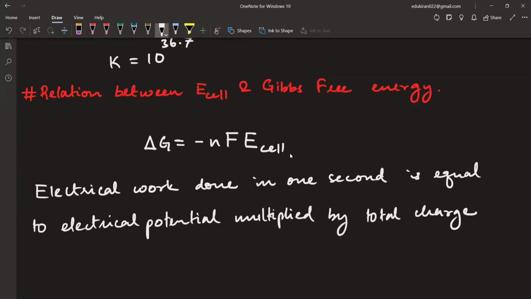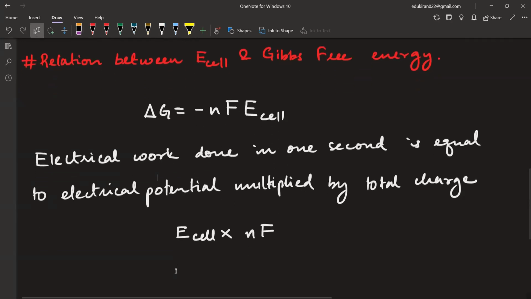Okay, electrical potential multiplied by the total charge. Total charge is what? It is, this is your electrical potential into total charges, number of electrons into F. Okay, and it is going to be what? It is going to be what we have seen the sign negative, because we are doing work, electrical work done. So when the cell is doing work, that means it is going to release energy. That is why there is a negative sign. Okay, so this is delta G.